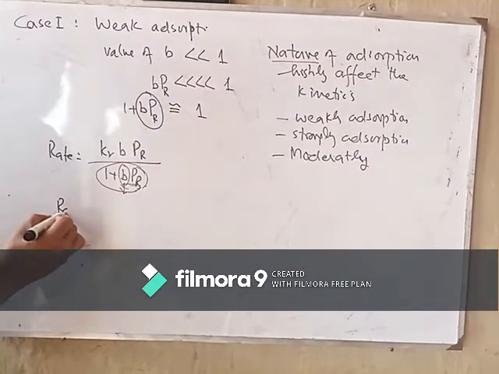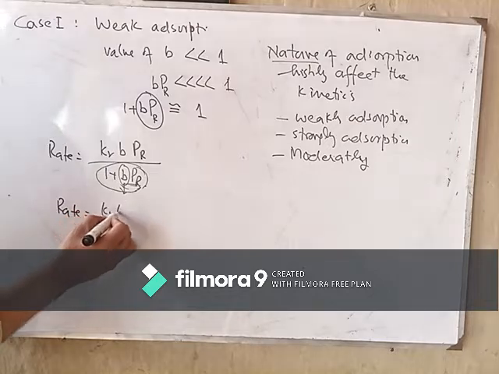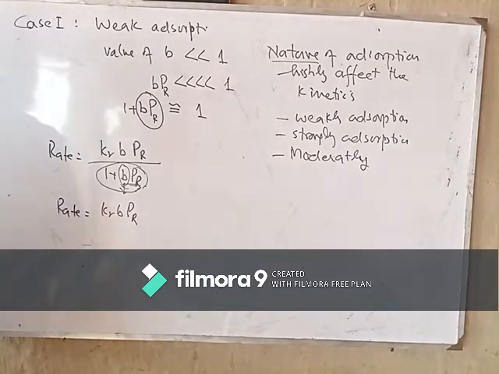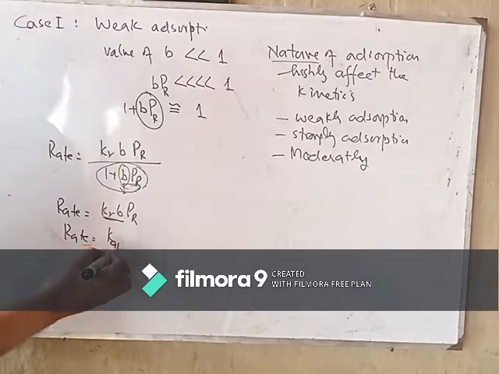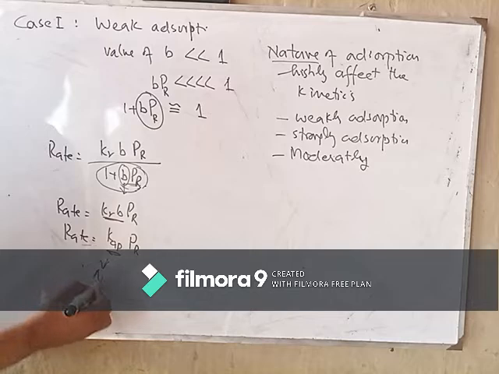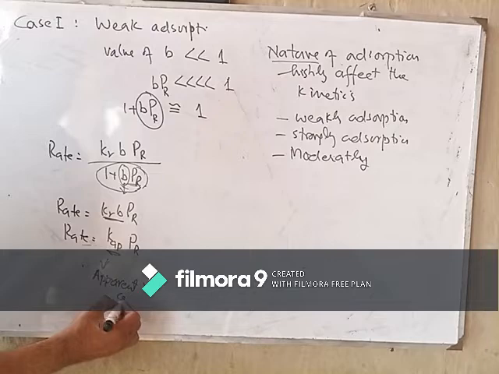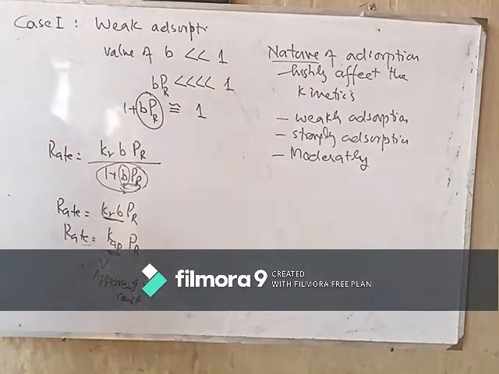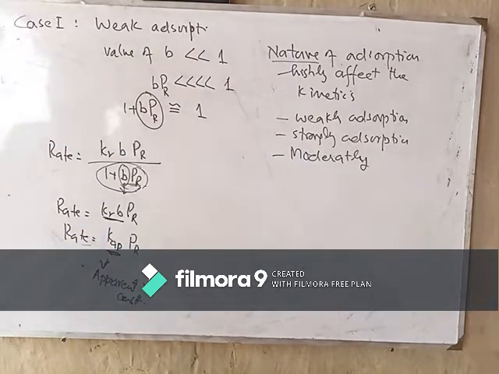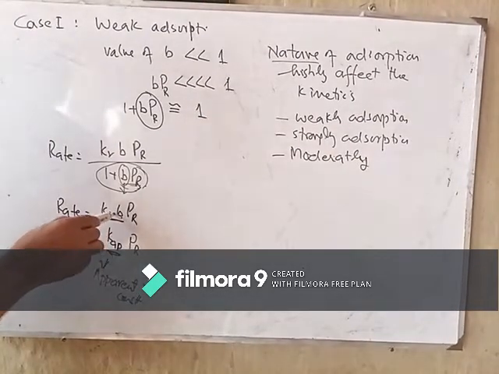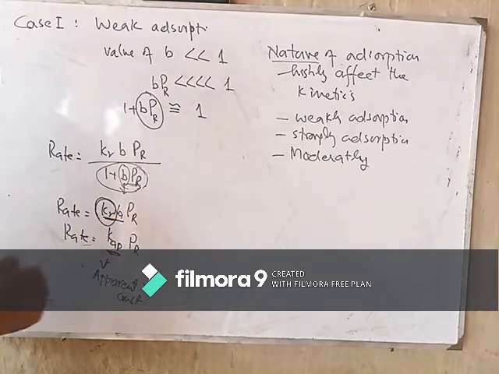So we get rate is equal to KR B PR. अब यहाँ पर हमारे पास दो constants हैं, इन दो constants को एक ही constant ले लेते हैं, KAP PR, where KAP is called the apparent rate constant. यानी rate constant नहीं है लेकिन apparent rate constant है, क्योंकि true rate constant KR है। इस KR के साथ B को भी multiply किया है तो it becomes an apparent rate constant.